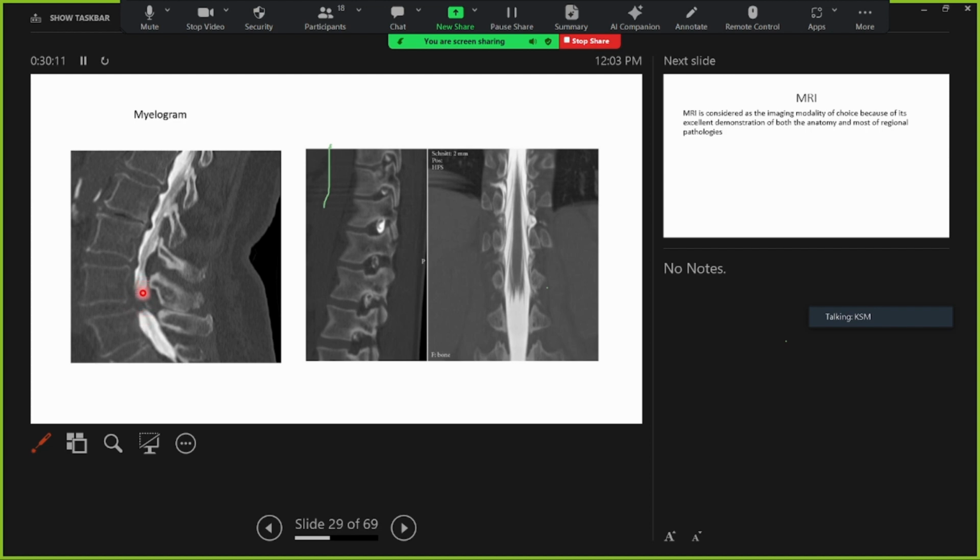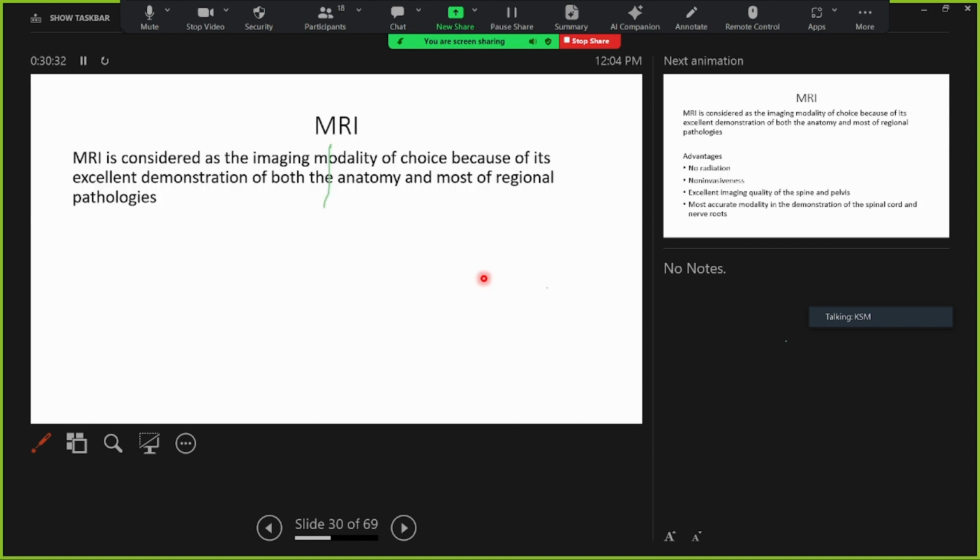You don't see the continuation of the contrast column. This is a CT myelogram. This is AP. You can see the outline of the spinal cord and the nerve roots. So it has been done for a long time. Now we are not doing it as much as MRI is available, but still we are practicing in indicated patients.